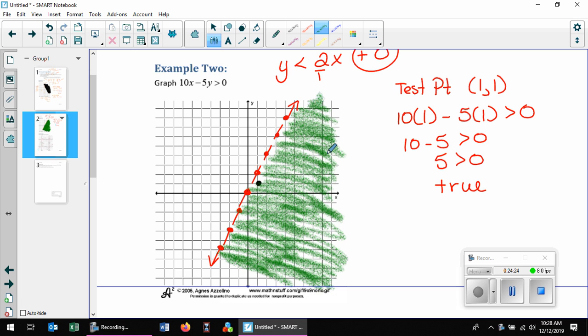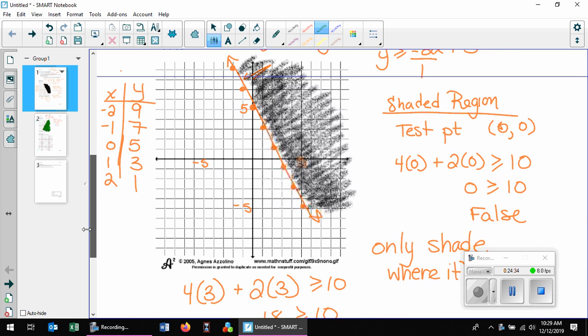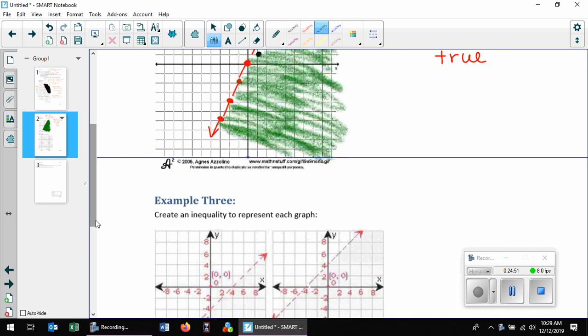Like if you drew your test point, you can pick a point over here. We did that on the first one. And notice I didn't label 0, 0. I didn't draw that in because we all knew where 0, 0 was, but some people were asking me, are you sure 1, 1 is on that side? Never pick a point on the line.